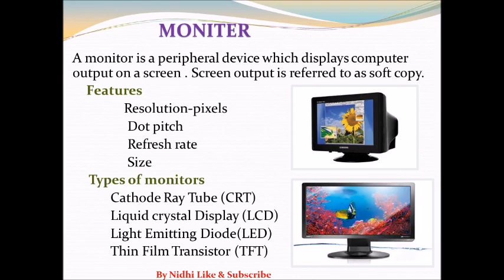Next type of monitor is LCD, that is liquid crystal display monitor. They are relatively thinner and lighter than CRT monitors. They use the light modulation properties of liquid crystals, and these liquid crystals do not emit light directly. They save a lot of space and can be mounted on walls. They provide wide viewing angles and come in various sizes, 17 inches to 60 inches.